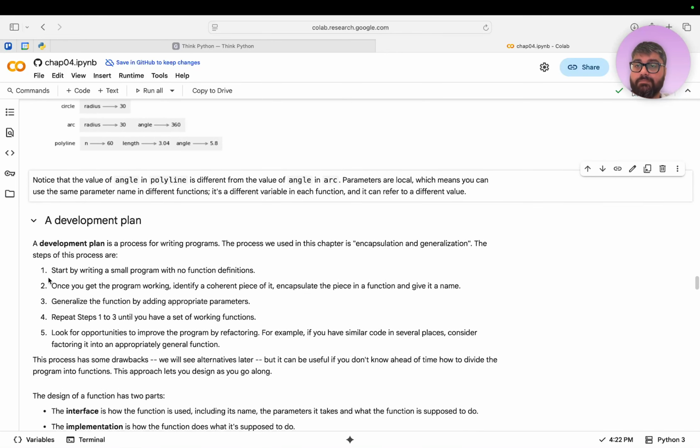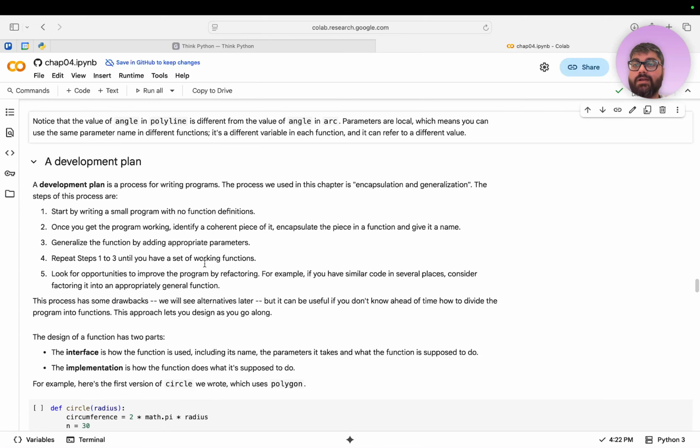A development plan is a process for writing programs. The process we used in this chapter is encapsulation and generalization. The steps of this process are: start by writing a small program with no function definitions. Once you get the program working, identify a coherent piece of it, encapsulate the piece in a function, and give it a name. Generalize the function by adding appropriate parameters.